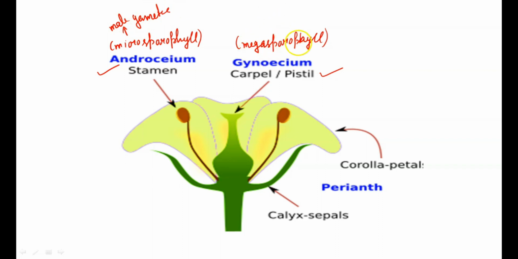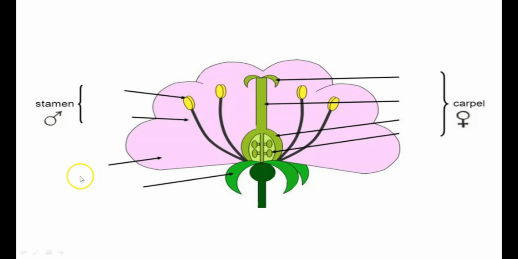And the megasporophylls are the spores or female gametes. It consists of female gametes, and here phyll means leaves, right? So leaves evolved to form the microsporophyll and megasporophyll, in which microsporophyll consists of male gametes and megasporophyll the female gametes, right?